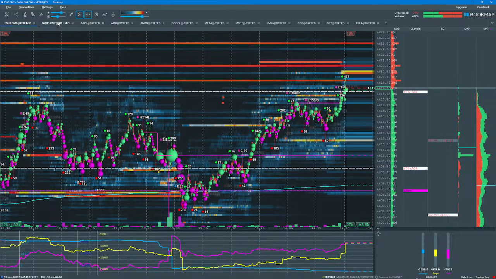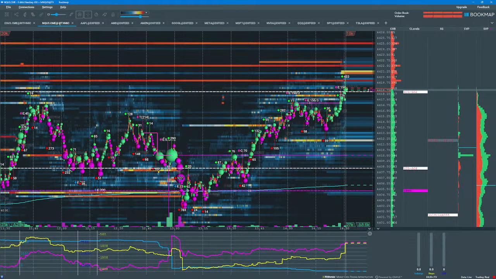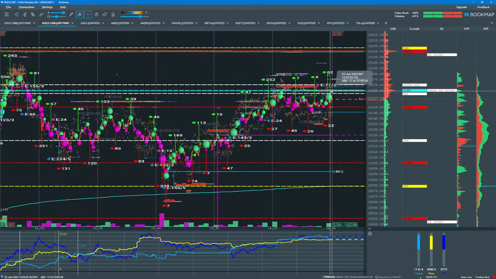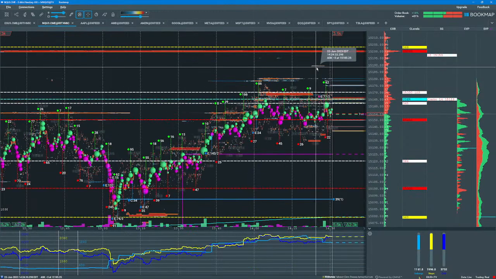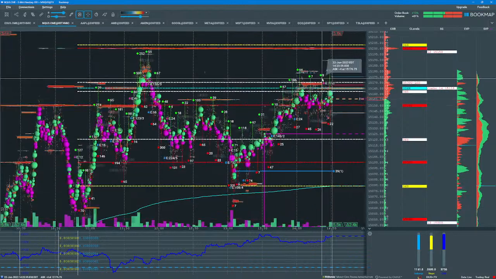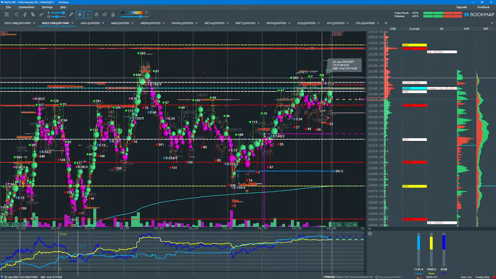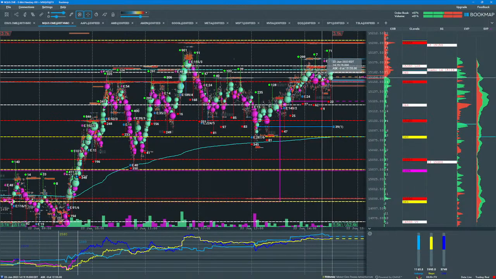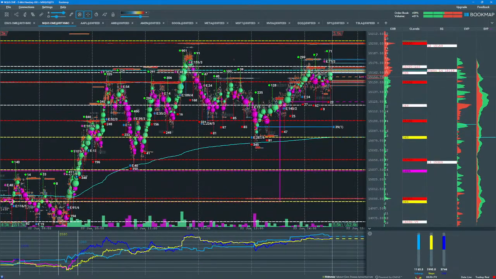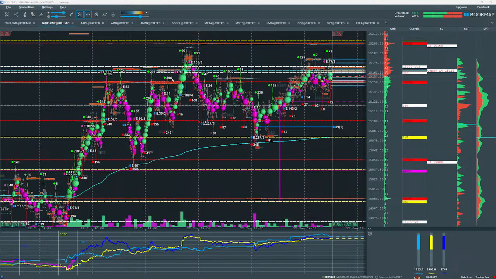Let's take a look at NASDAQ. So NASDAQ is up at this level that has acted as resistance earlier in the day, more or less. Remember, NASDAQ's very big, very volatile, can often overshoot levels just a bit.